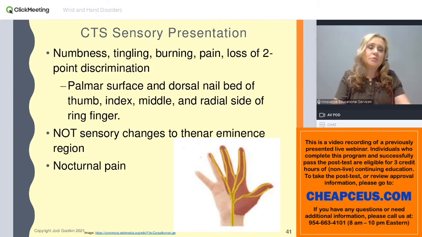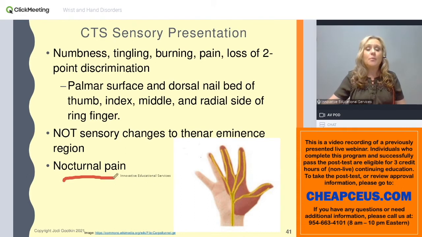The specific clinical presentation for individuals with carpal tunnel syndrome is going to be numbness, tingling, burning, pain, and sensory changes of the hand. Often the individuals want to shake their hands. They complain of it at night, actually waking them up when it's more progressed because of this compression along that median nerve.